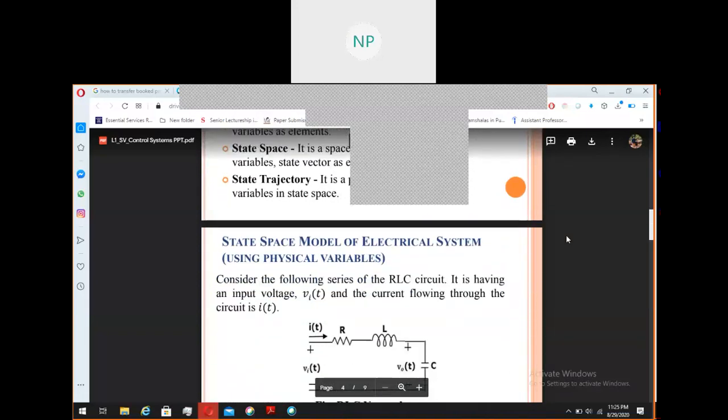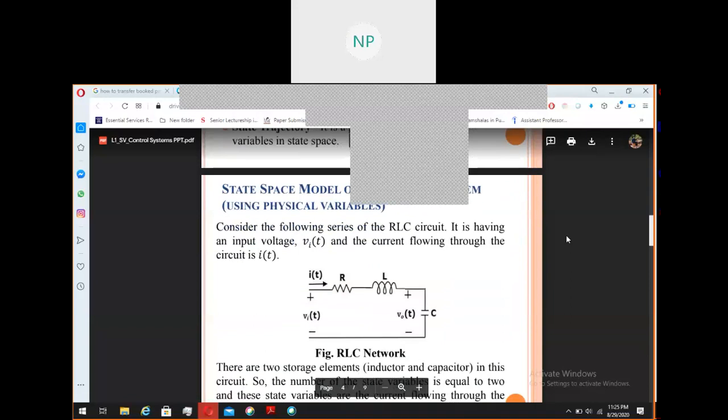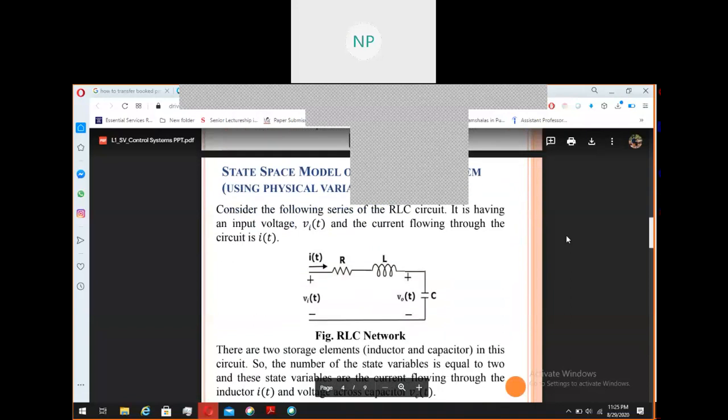Now take the electrical system I just told you about, the RLC network. In that RLC network, we have to define a state model. In the first slide, I showed you the two equations, equation number 1 and equation number 2. When we obtain a state model for a system, we have to obtain those two equations. First we have to define the state variables.